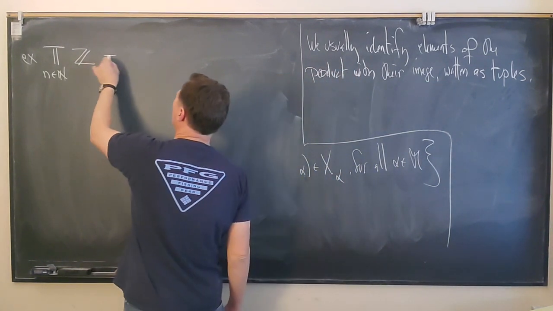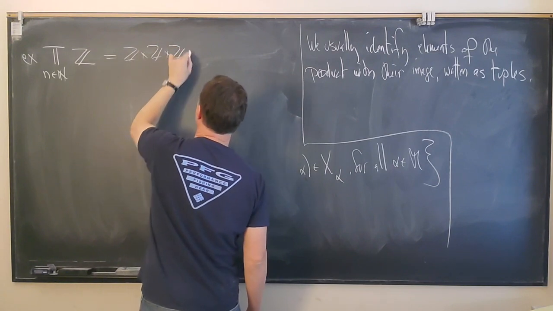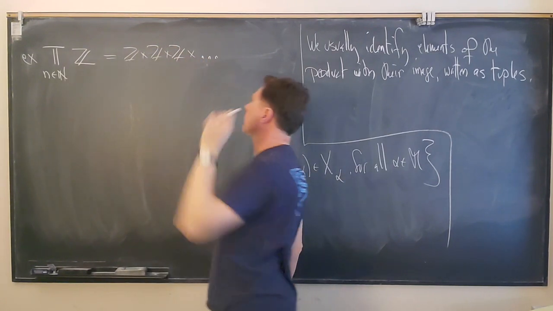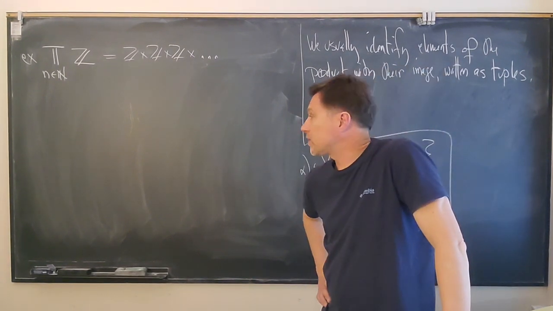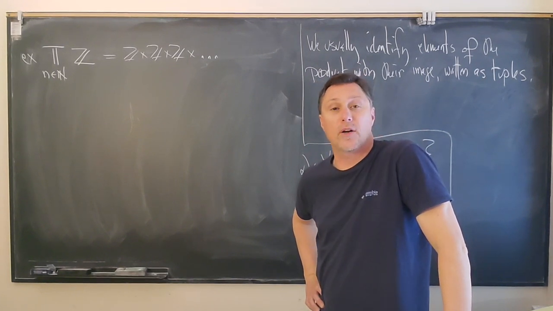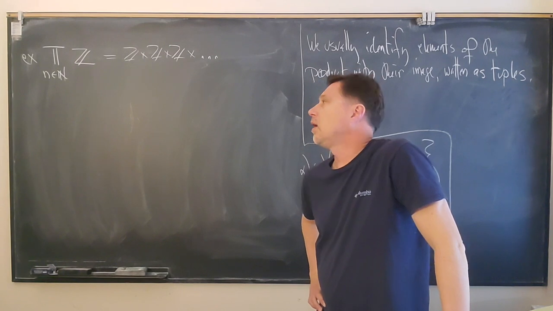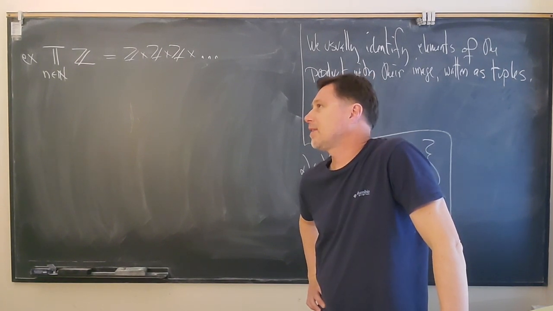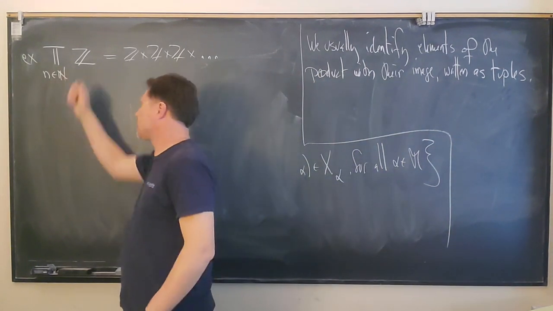We often write this as Z cross Z cross Z cross dot dot dot, an infinite Cartesian product of sets of integers. Technically it's a set of functions from the natural numbers to the union of the integers, so that the output under each natural number is an integer.